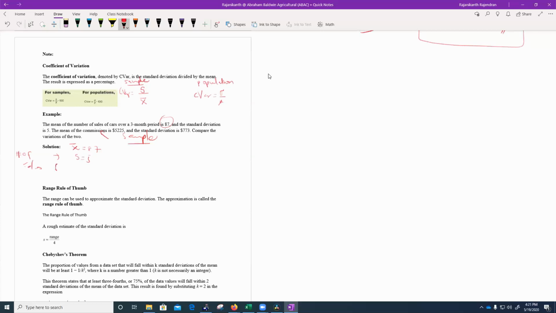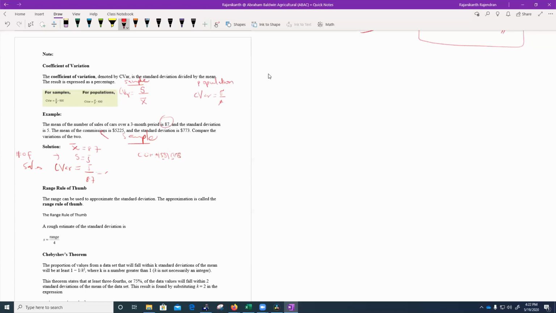Therefore, the coefficient of variation for the number of sales is given by the sample standard deviation, which is 5, over X bar, which is 87. Find this number. Then the second one, the commissions.